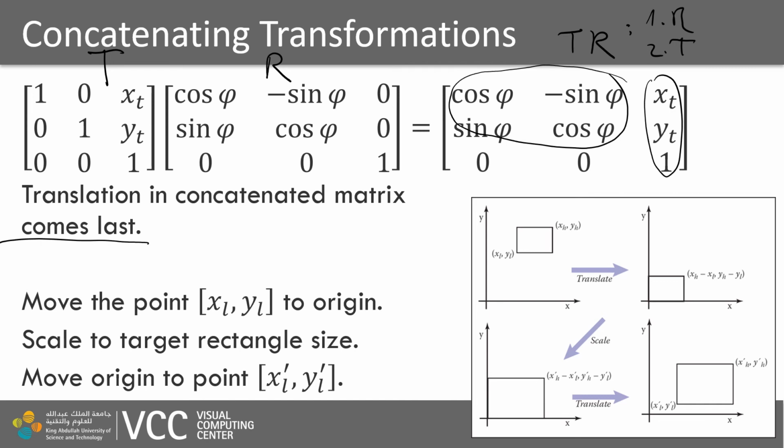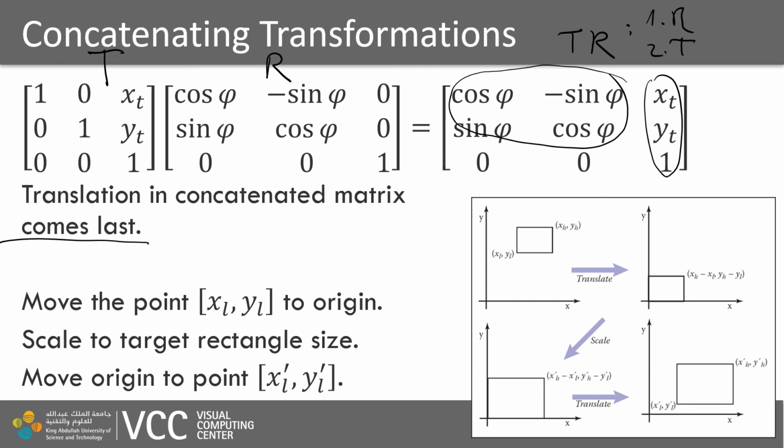The point is that sometimes we would like to scale a certain object, but we would like to have clear control over its position. Normally, if you scale an object, the position of its points will be scaled as a distance from the origin.